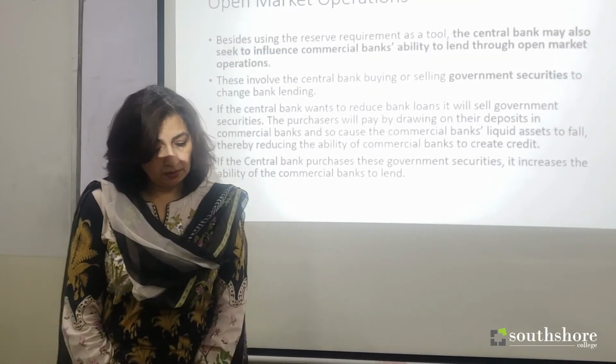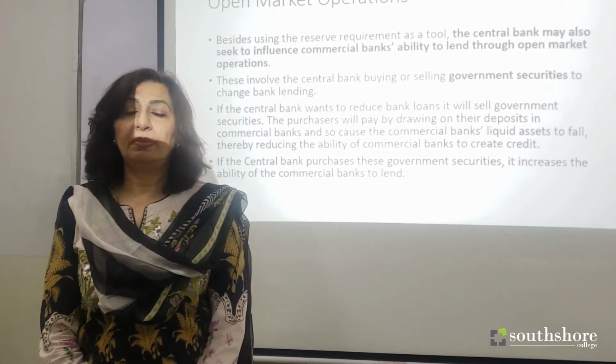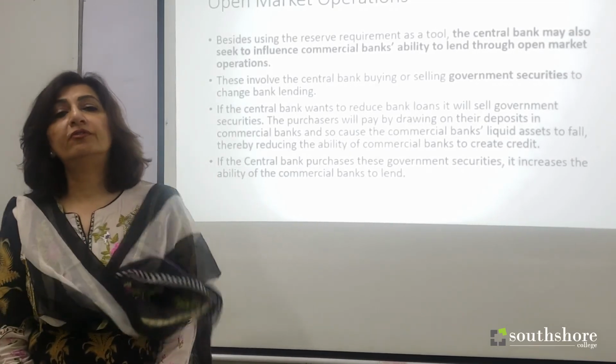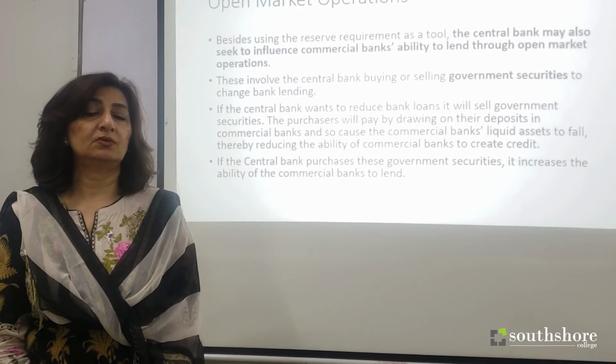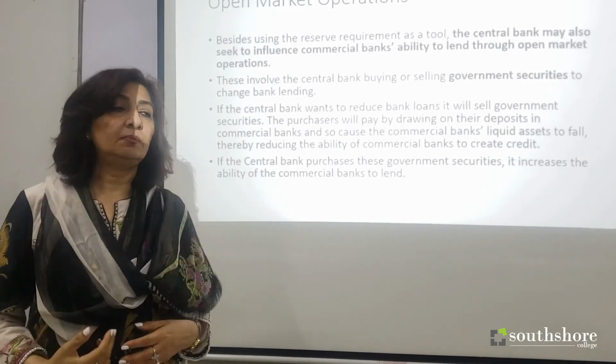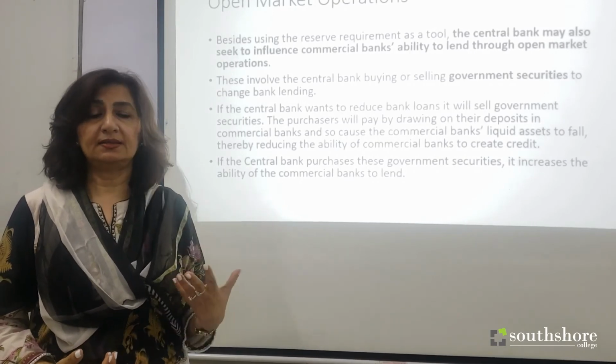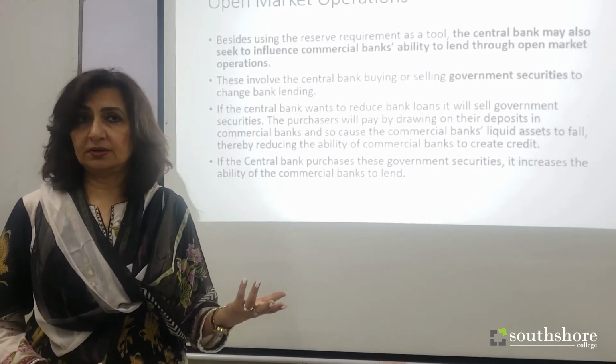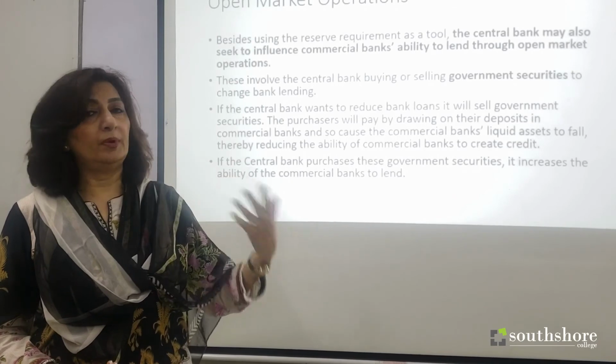The other thing which the central bank can do, apart from the reserve ratio, is what we call open market operations, also called OMO. Now what does the central bank do? The central bank buys and sells government securities, government bonds, in the open market.